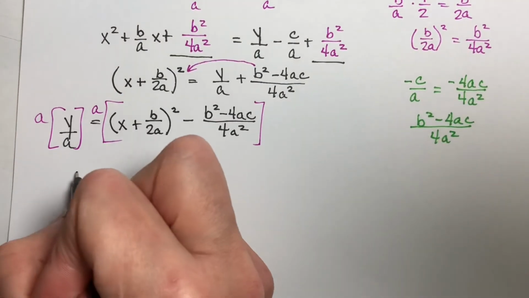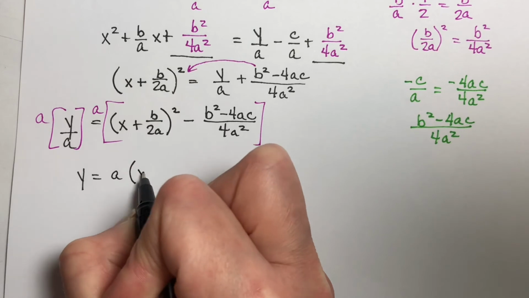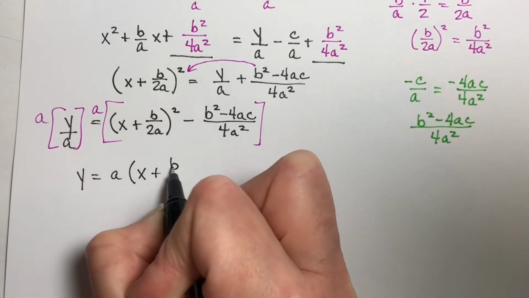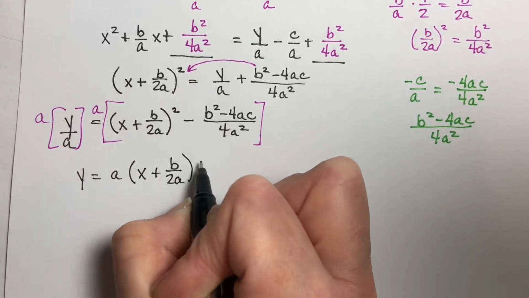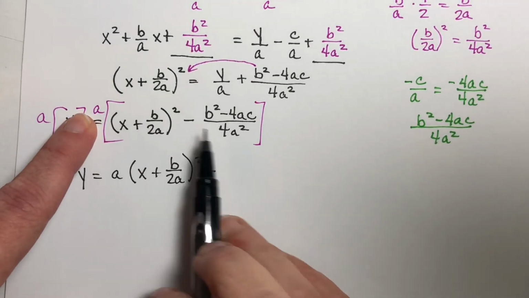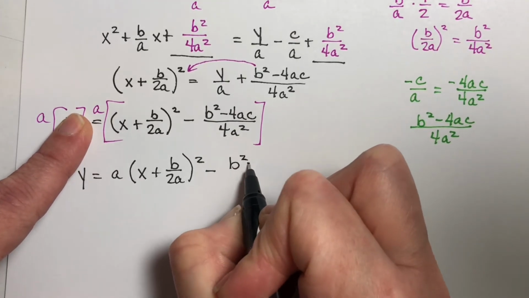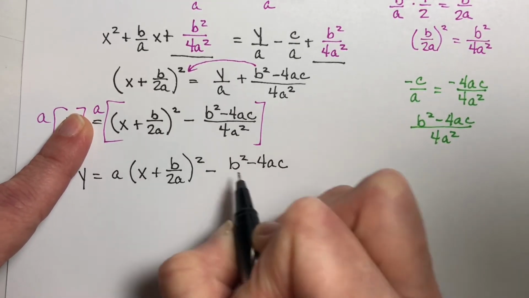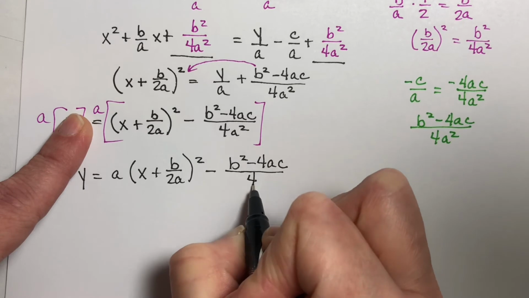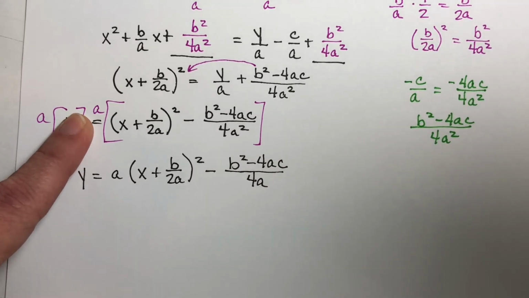That gives me y = a(x + b/2a)² minus, when I multiply, a times this a cancels out one of these, so I have (b² − 4ac)/4a, not over the 4a² anymore.